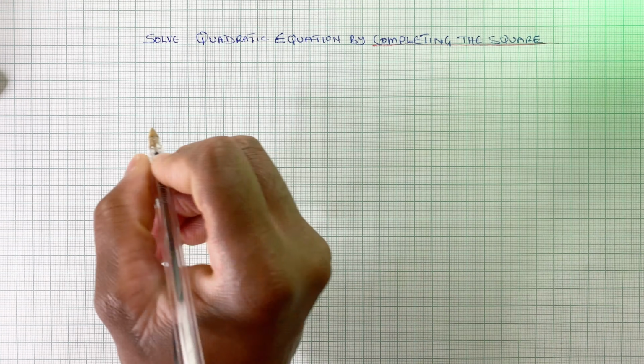So let the number be alpha. We're just assuming that number is alpha. So in completing the square, we get a into bracket x plus alpha, squared, plus d.